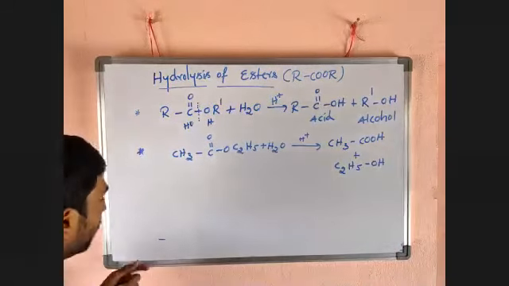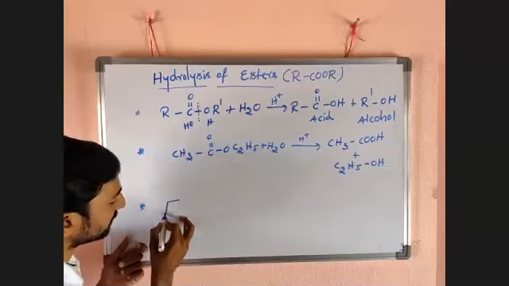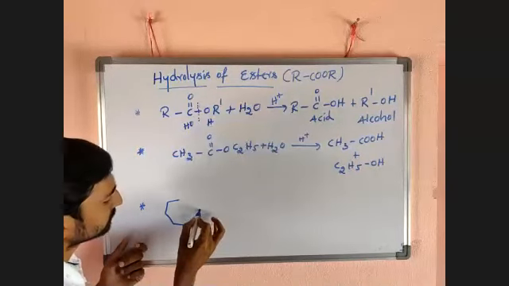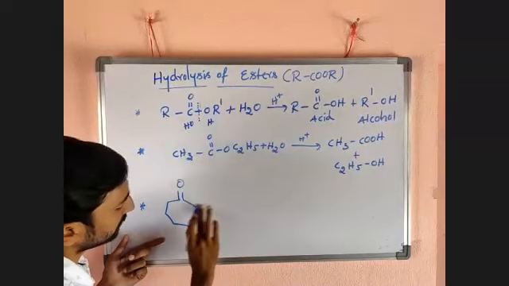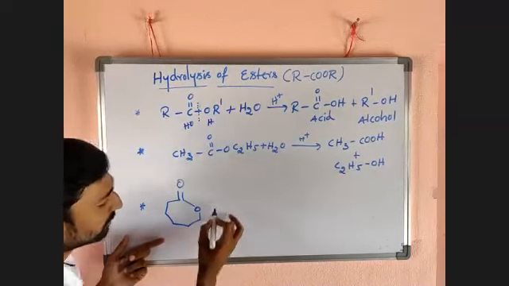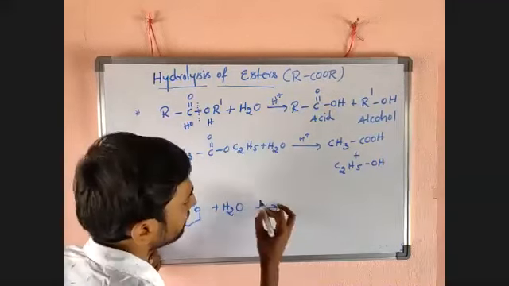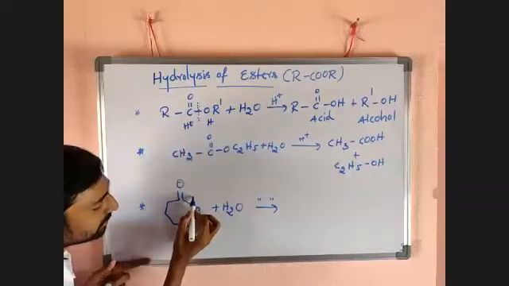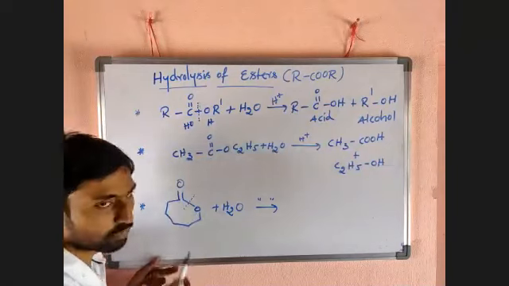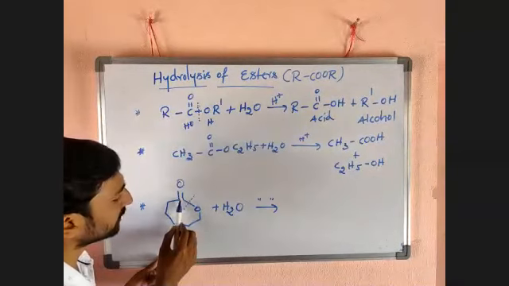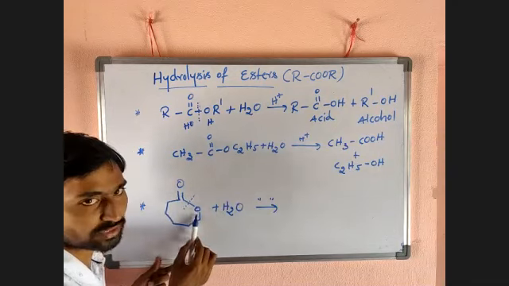Now, for example, take a cyclic ester, a 7-membered cyclic ester like this, with an O. How to add H2O to that? In the presence of acid, as I told you, cleavage takes place between the C double bond O. After getting OH, one end will convert into COOH and the other into OH.